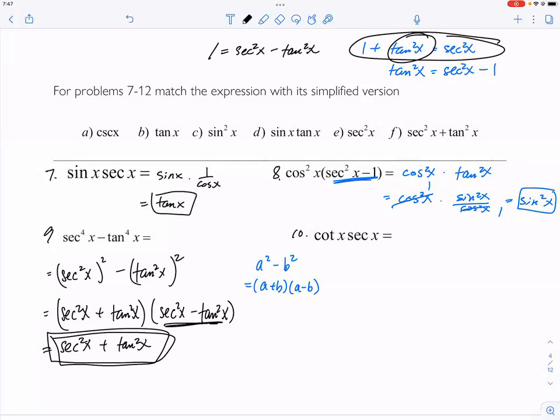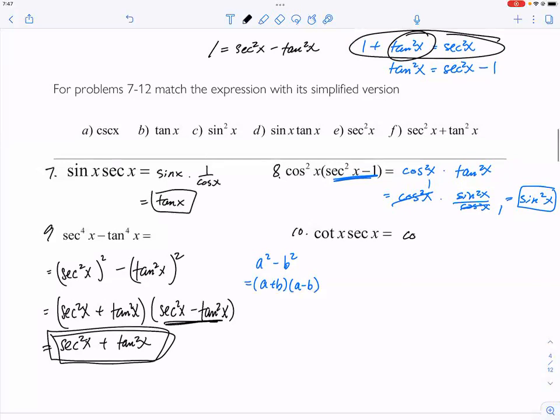And number 10, we have cotangent x times secant x. What's cotangent? Cotangent is cosine over sine, and we just think about this cosine over sine. Just changing back to sine and cosine, see how it works. And then secant is 1 over cosine x.